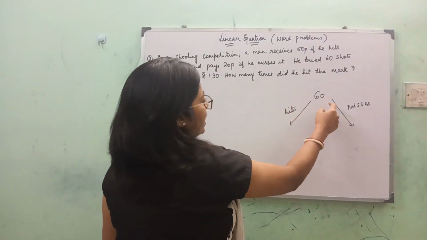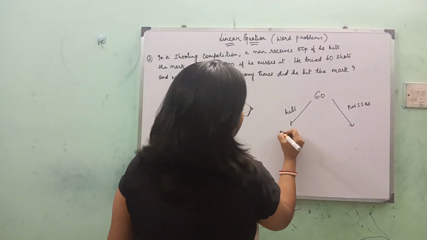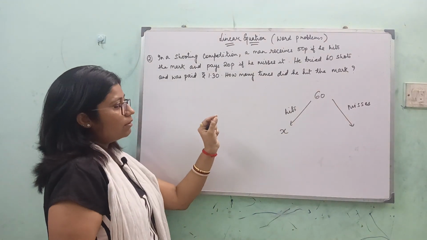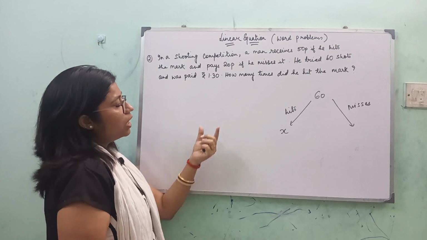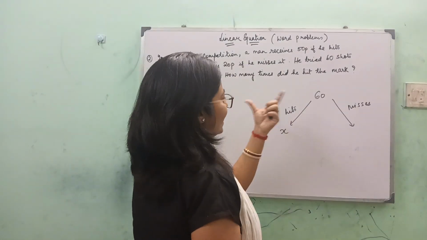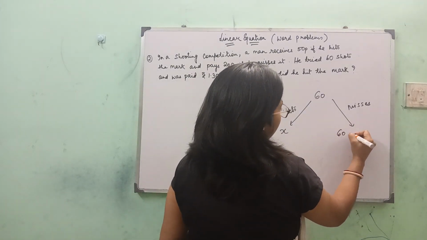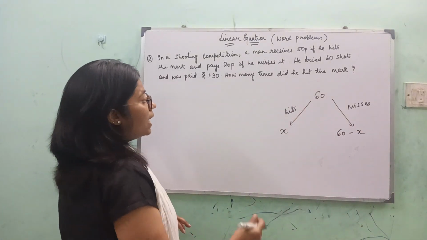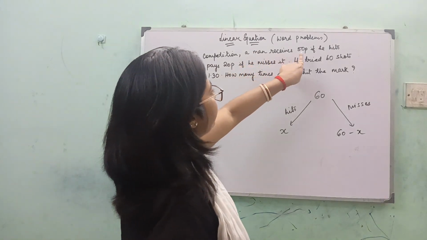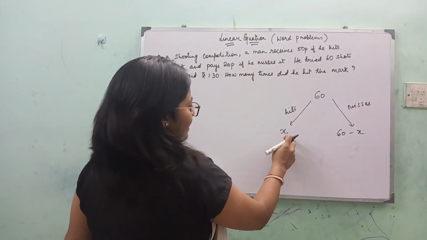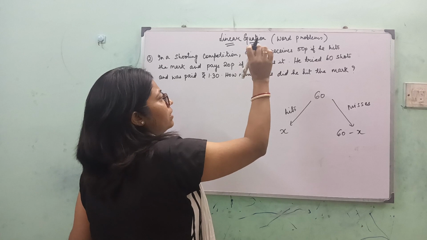So hits and misses. Now suppose we assume that he hits x number of times. Okay, for x times he hits correctly. So how many times does he miss? 60 minus x. Alright, now it is told he receives 50 paise for each hit.